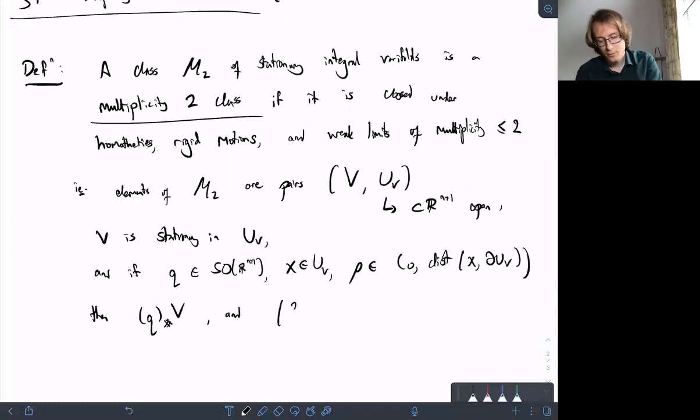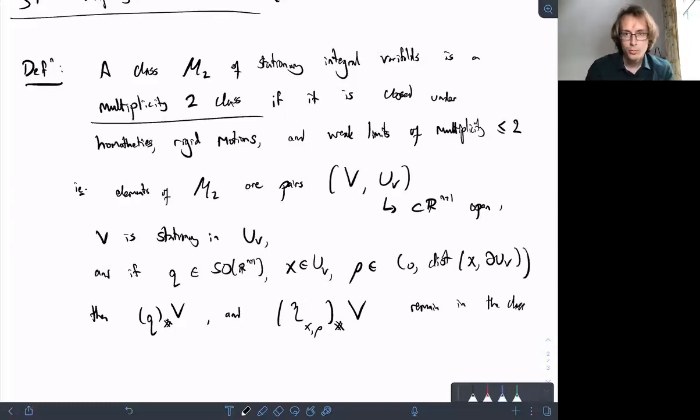And we can rescale V and also U_V homothetically and remain in the class. So this is closed under homotheties and rigid motions.